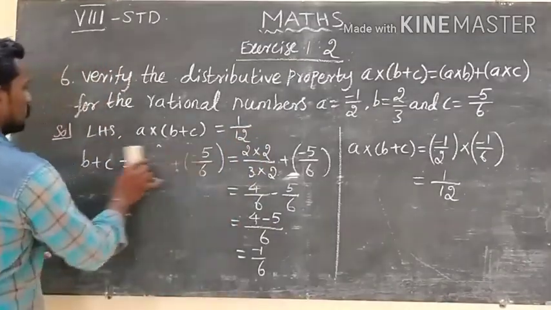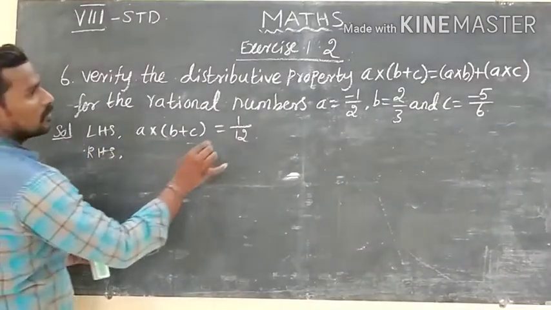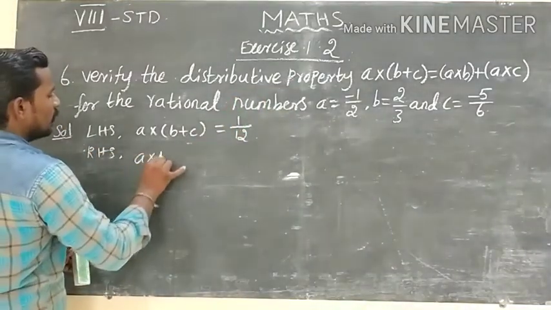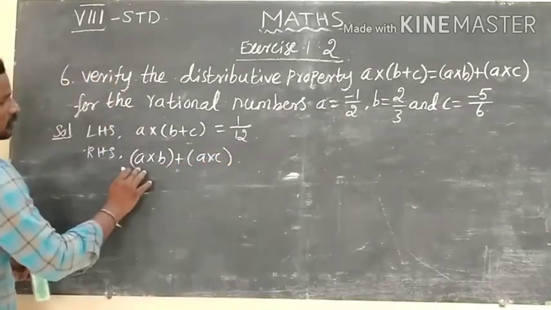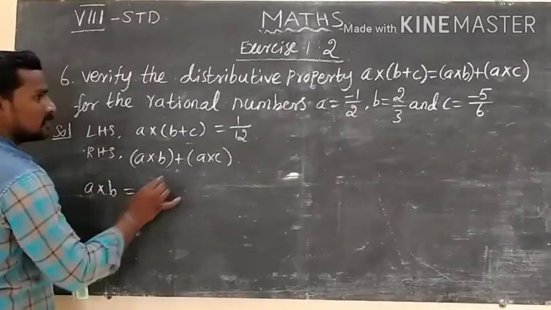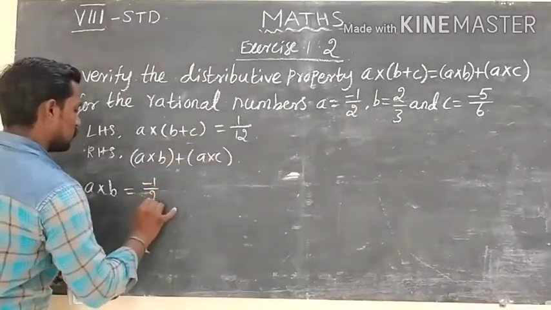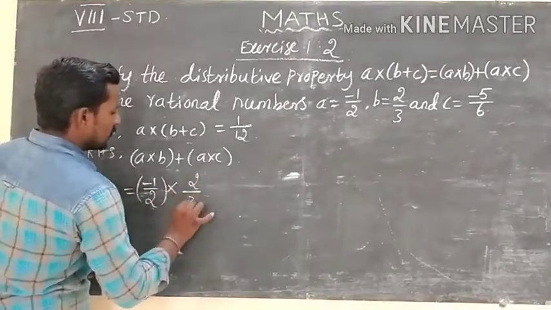Next, now consider the RHS: a into b plus a into c. First find a into b. a is minus 1 by 2, into b is equal to 2 by 3.